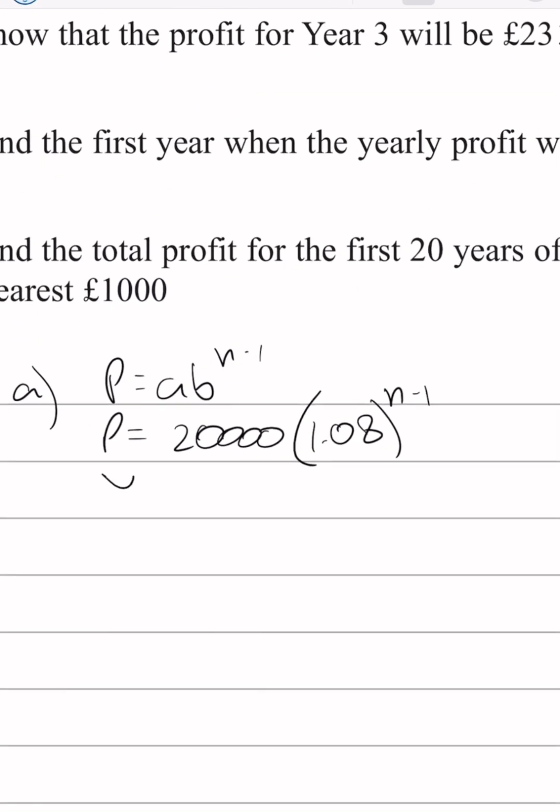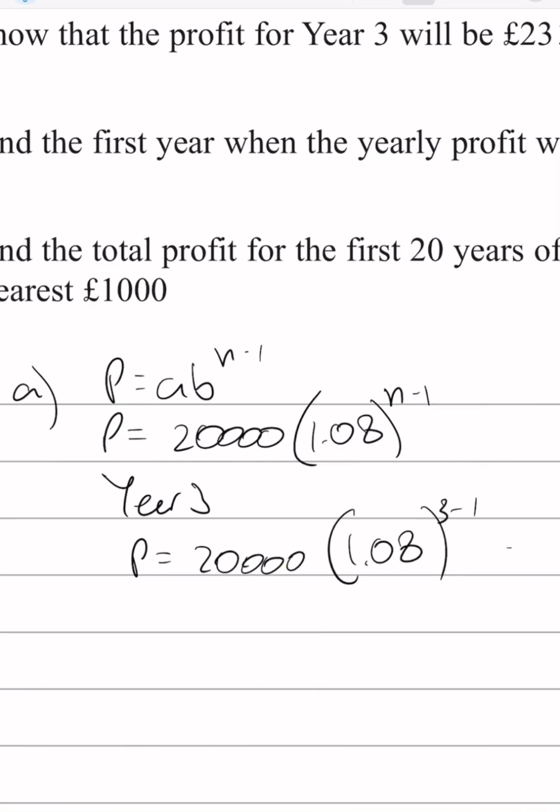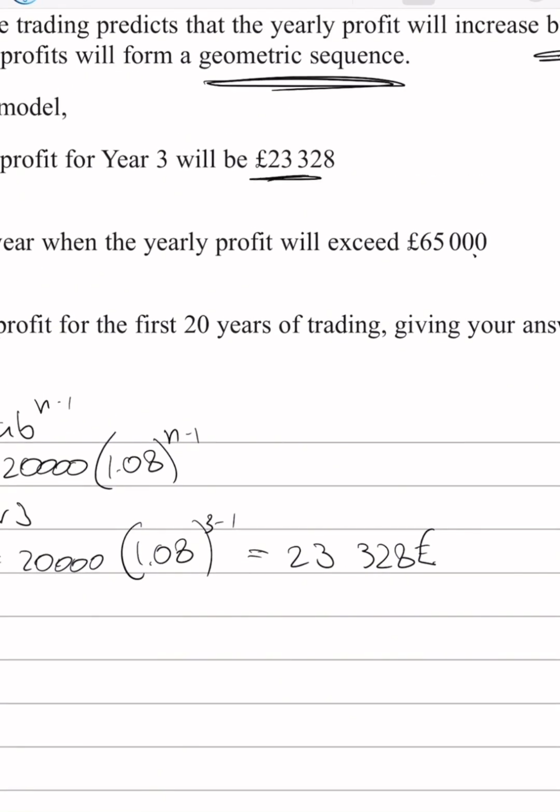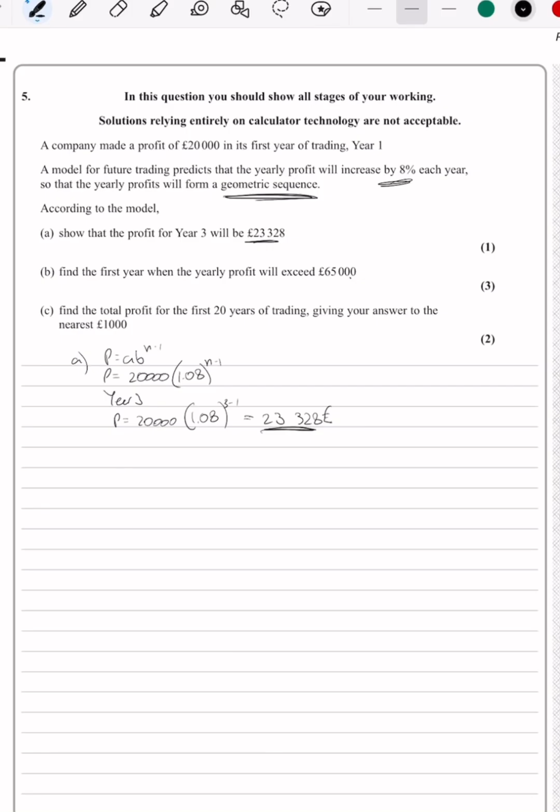Therefore, in year 3, the profit will be 20,000 times 1.08 to the power of 3 minus 1, which in this case would be equal to 23,328 pounds, which is the same as the one given.